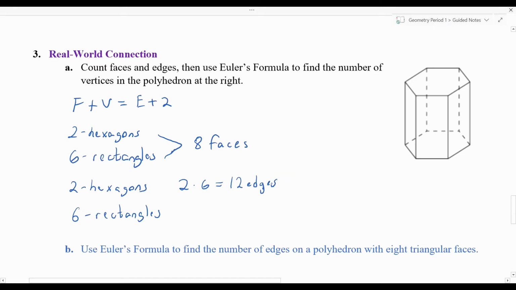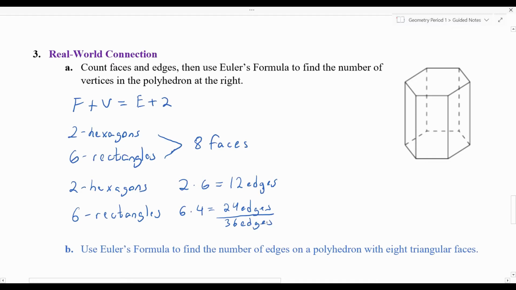We have 6 rectangles, so that is 6 times 4 sides, right? So that gives me 24 edges, okay, which gives me a total of 36 edges.